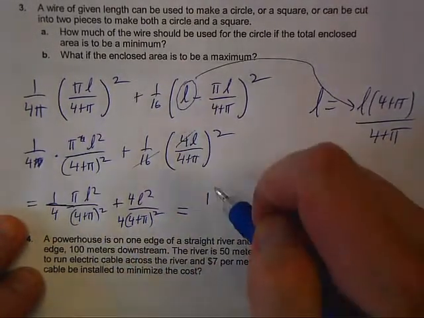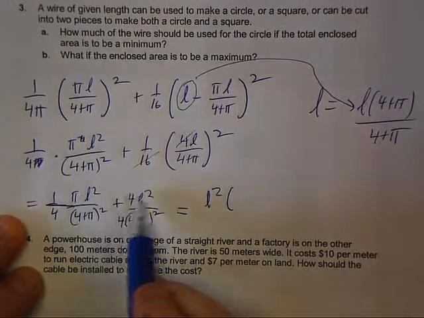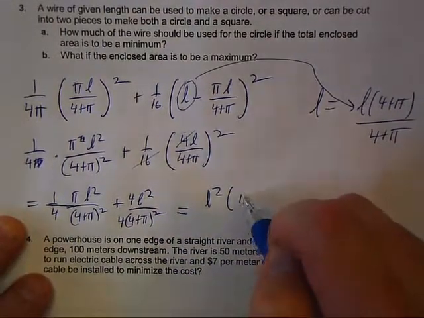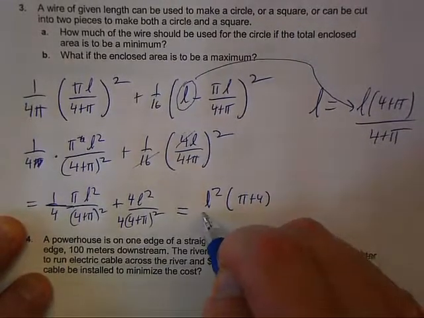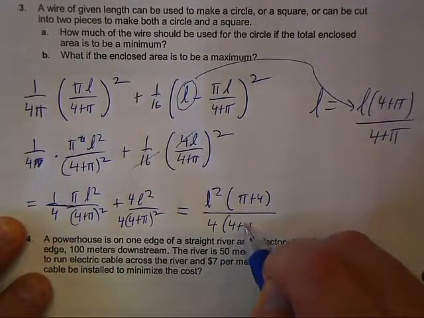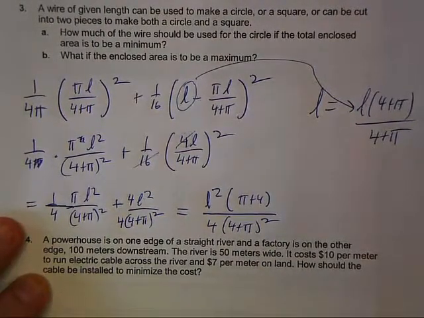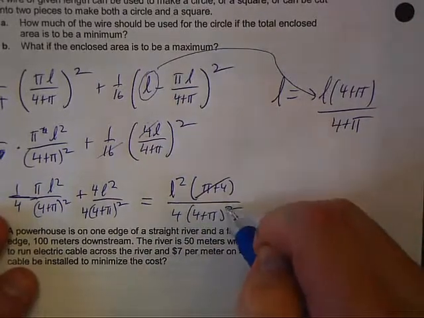On top I can factor the L squared out. What do I have left when I factor the L squared out? Pi plus 4, over 4 times 4 plus pi squared. But then I can cancel that with one of those, can't I?